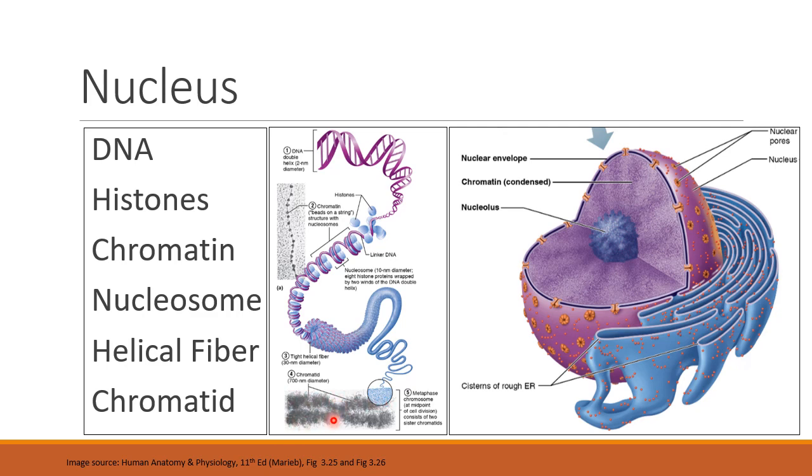A chromosome, this X-shaped thing that you're used to seeing, is basically a duplicate of these two chromatids. So when it comes time for cell division, these two chromatids will split apart. Each of these chromatids is identical to the other, except in the case of, say, mutations, but for the most part, in normal circumstances, they are identical.